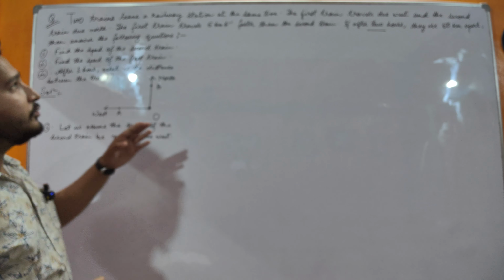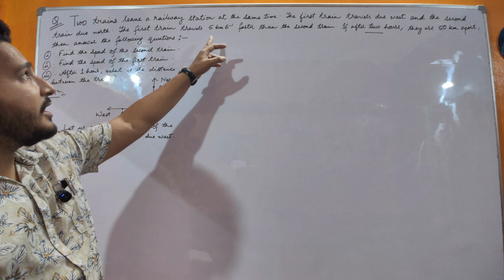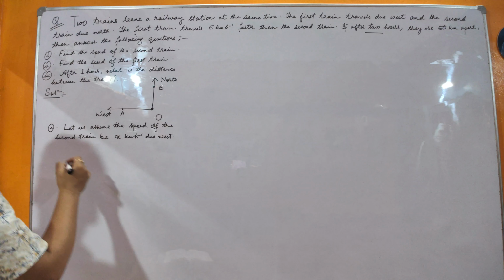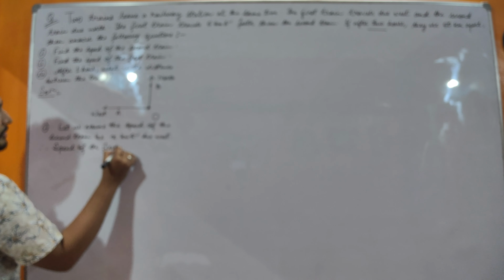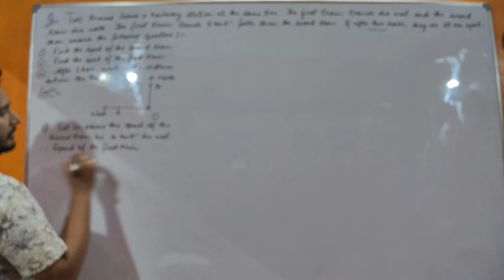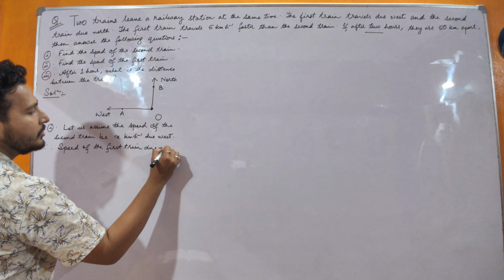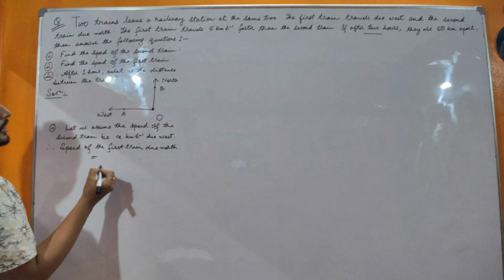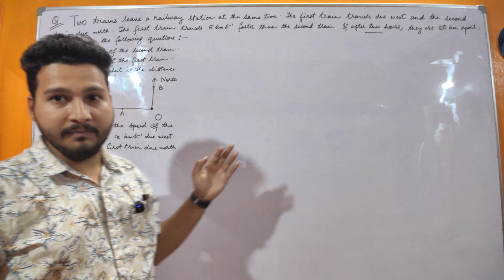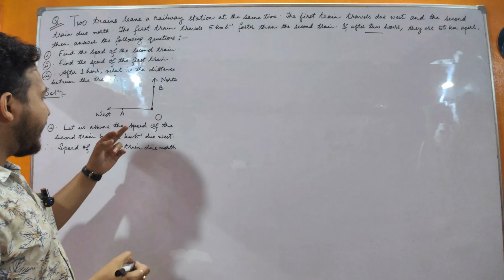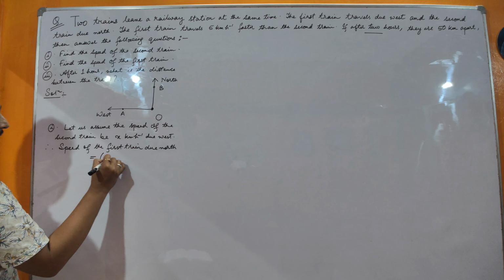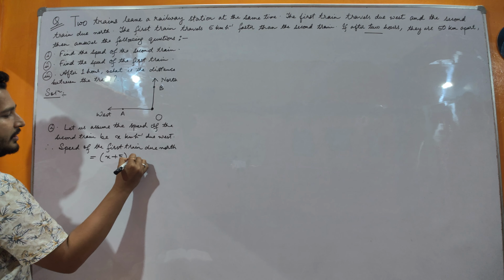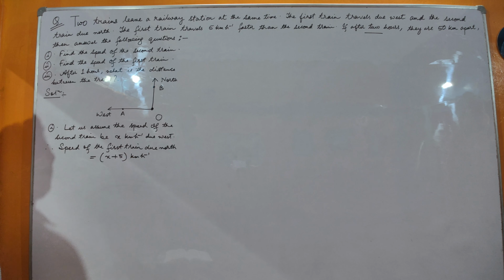So what would be the speed of the first train? It's 5 km faster. Therefore, speed of the first train due north, that would be 5 km per hour faster than the second train, meaning x plus 5 kilometer per hour.